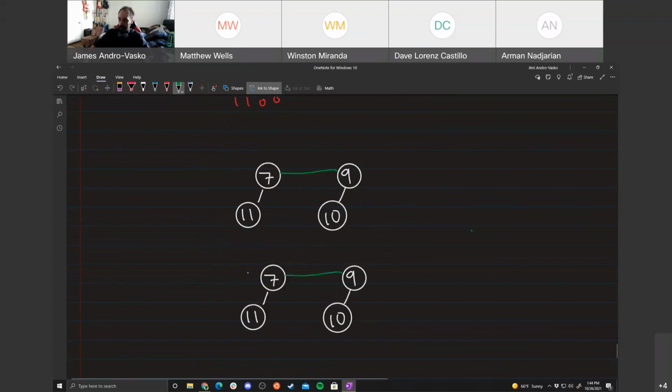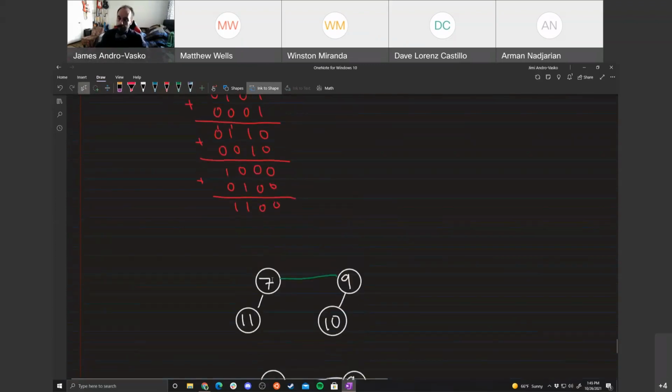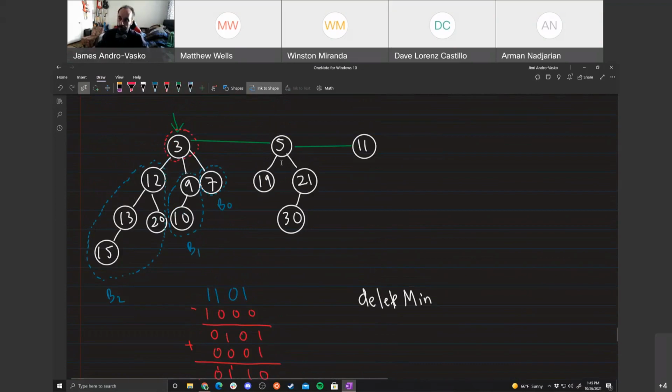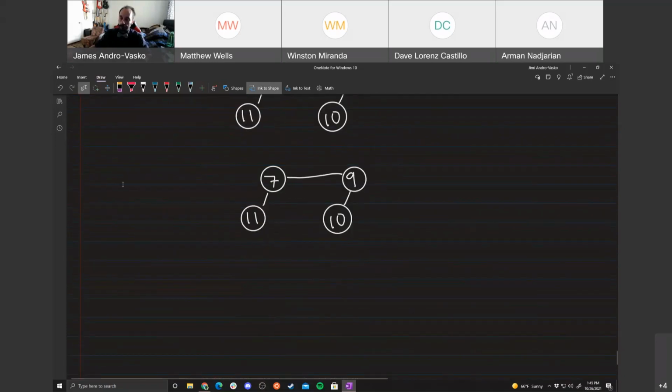It's just going to be this. And now we have our existing tree here. So I'm going to try to copy this and redraw it. That. So we have this B2 tree, sorry, right over here.